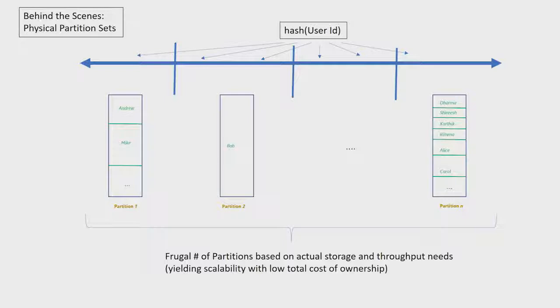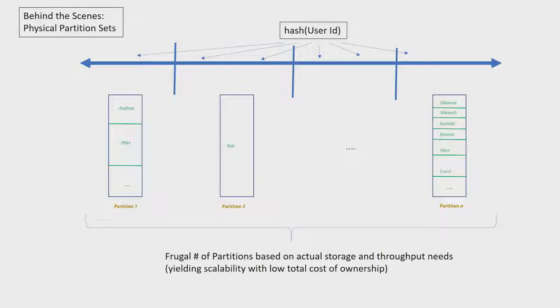So let's say, for the sake of example, you have a workload that requires 4 partitions to serve the storage needs and 2 partitions to serve the throughput needs. In that case, by provisioning 4 partitions, we're able to guarantee that there's neither a bottleneck on storage or throughput, yet we've still provisioned the minimal amount of hardware to keep the costs controllable and down.